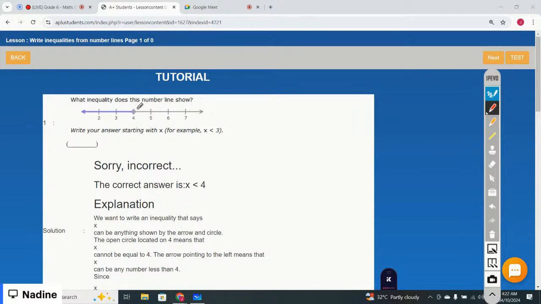You can see there is an open circle on 4, right? That means 4 is not the solution of the inequality but the numbers that are less than 4. So the correct option is x is less than 4. Open circle means 4 is not the solution. If that is a closed circle, then that would be x is less than or equal to 4. That means 4 can be the solution and all the numbers that are less than 4, right? But in this case, 4 is not the solution, but all the numbers that are less than 4. Got it?